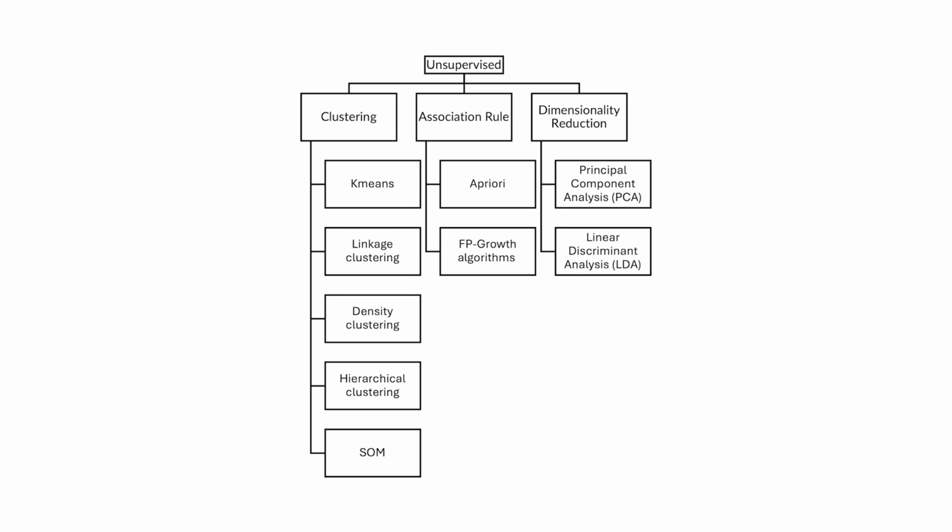You have other methods such as the association rules and the dimensionality reduction, all interesting methods that we will skip for now in this lecture, and we will focus mostly on clustering. And why? Because these are perhaps the most complex, the most used, and the most representative method of unsupervised learning.